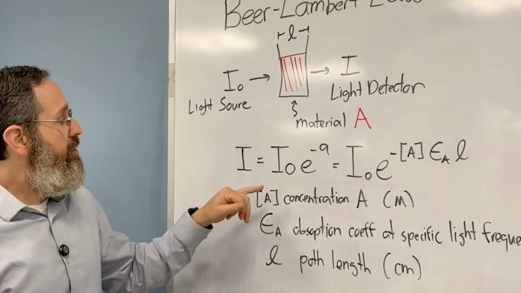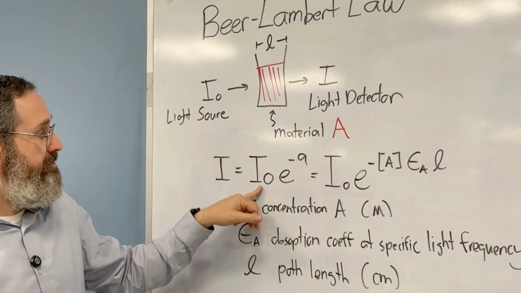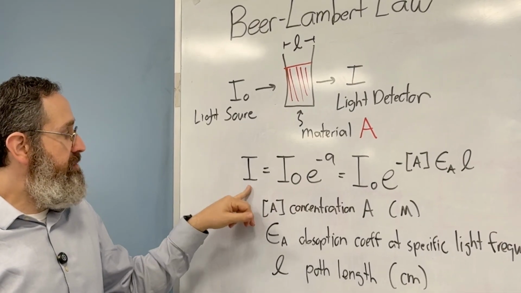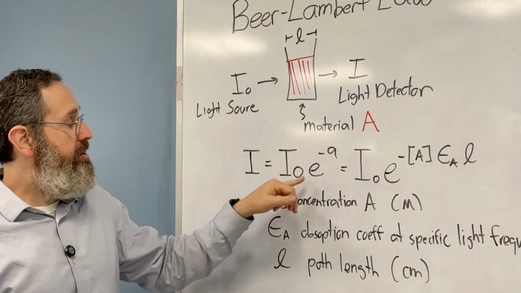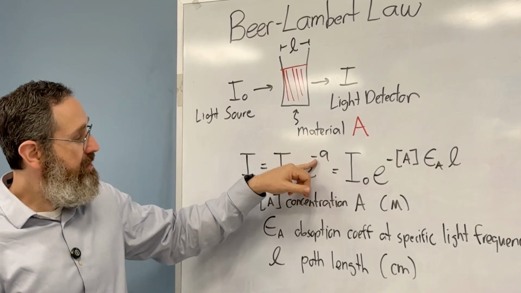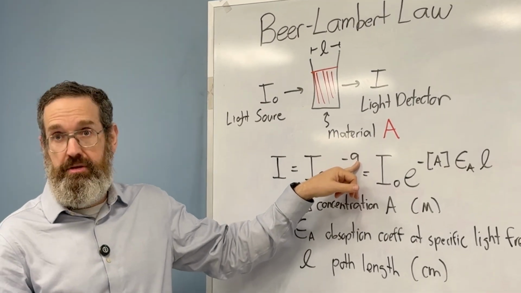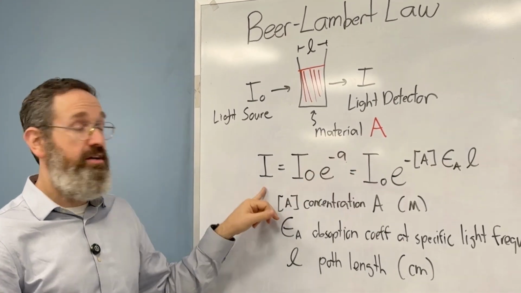And Beer-Lambert tells us that if you take the amount of light that's coming in and the amount of light coming out, they're related by this: I equals I sub 0 times e to the negative absorption, which is how much light is absorbed. The bigger this is, the less comes out.